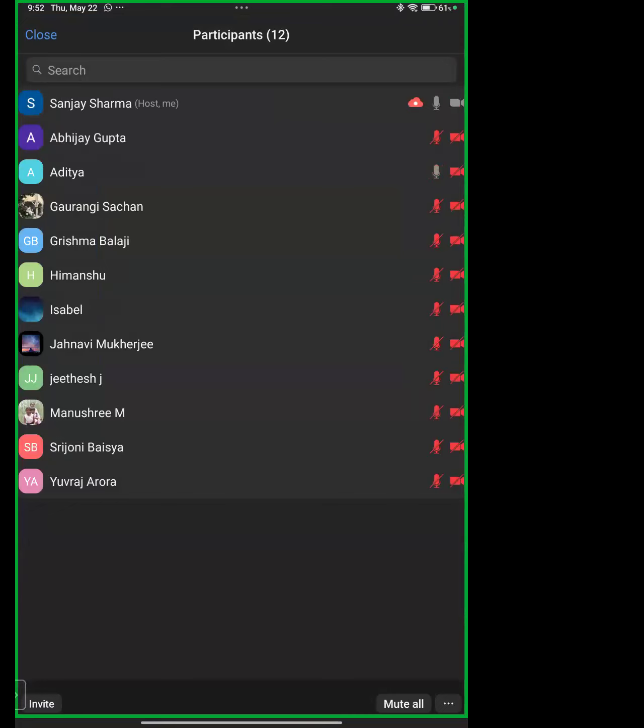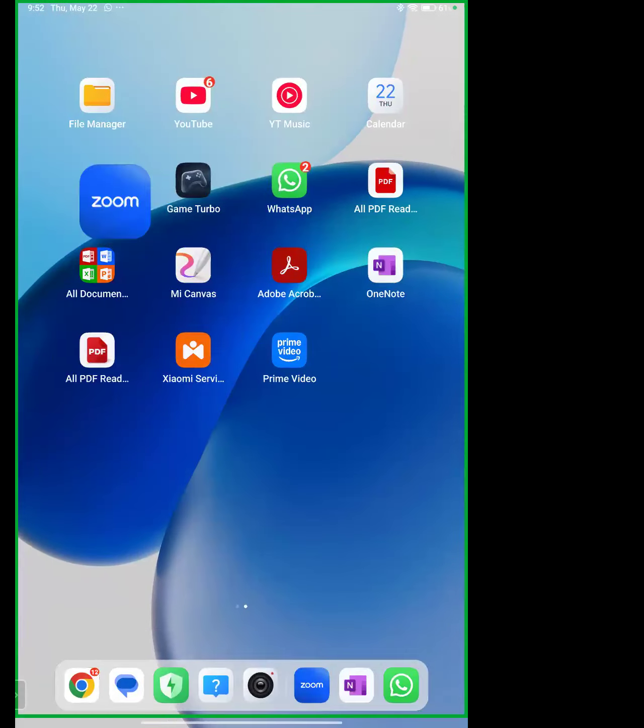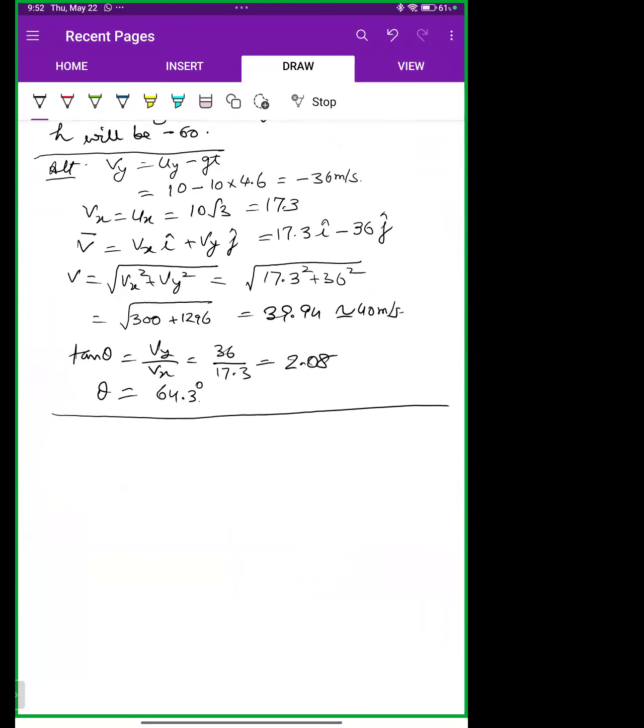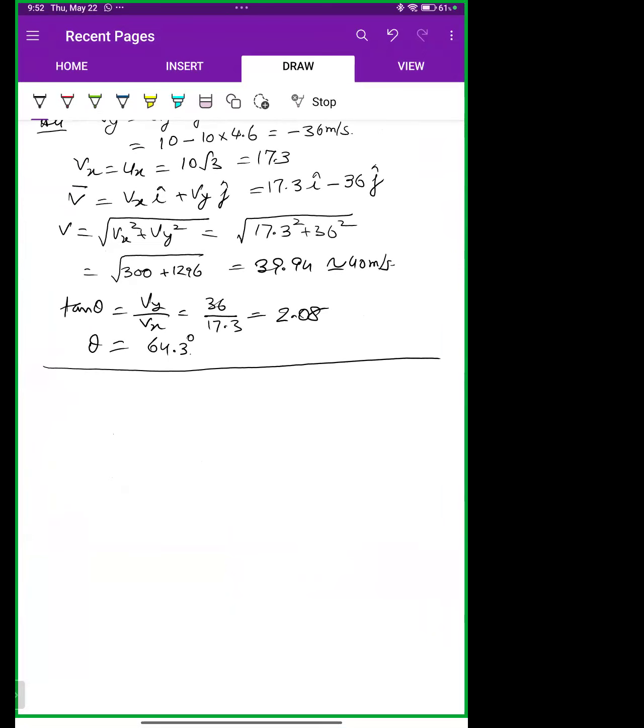Sir, can you show the page one? Now I am doing another question where it is thrown downward. This height also I am taking 60 meter. No, I will change the height. 120 meter.